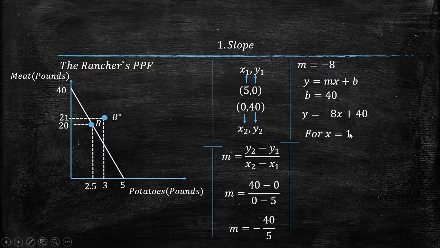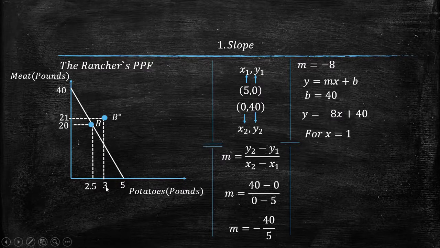So now what I propose is that the rancher, she's going to receive 2, right? So I'm going to propose that the rancher is going to produce just 1 potato. So if she produces 1 potato and receives 2 pounds of potato, she will have 3 at the end.